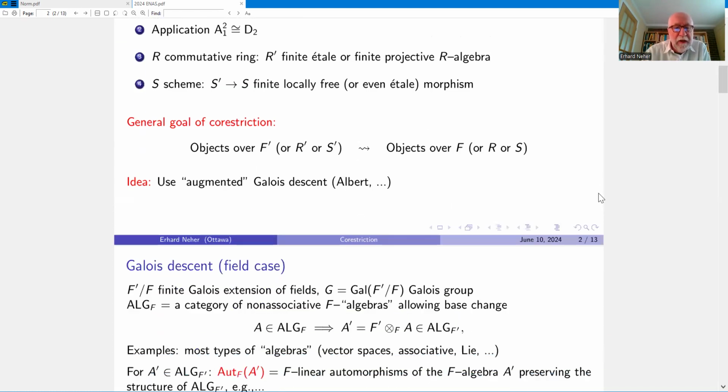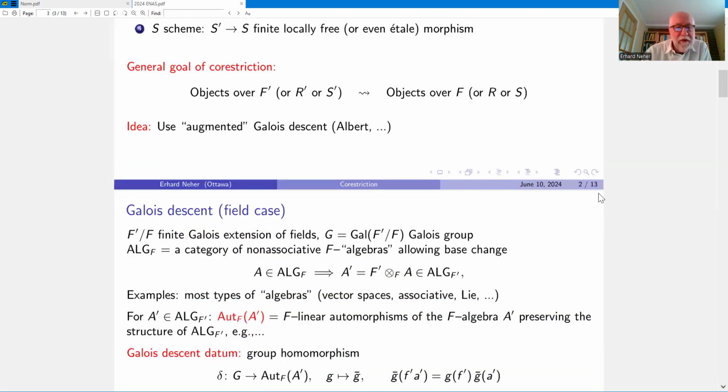Okay. So Galois descent. So we fix a finite Galois extension of fields F prime over F. So we have a Galois group, G. Then in order to cover a lot of ground, I will use a category of non-associative F-algebras called ALG over F, which allows base change.